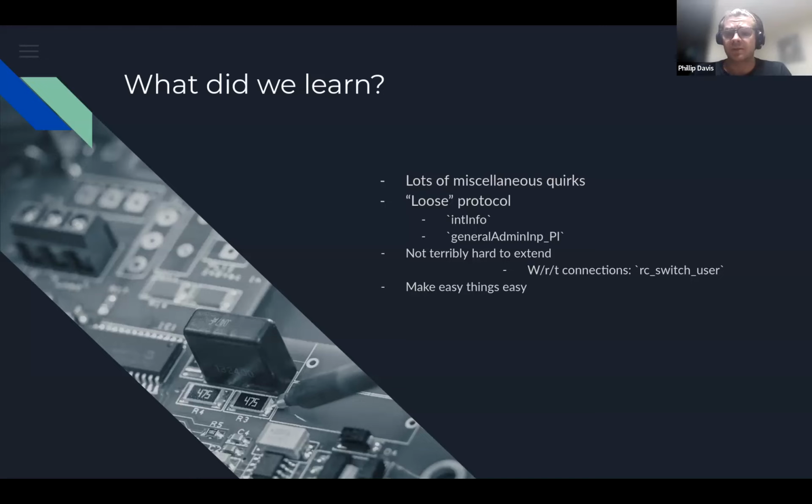And so with respect to the issue with connections earlier, as long as you can make an API that maintains a single transport layer, you can do whatever you want. This is sort of what Corey has been working on with RC Switch User. In general, the hope with this notebook is that it has made easy things easy, or that there is an obvious way of doing the most basic level of thing with the iRODS protocol.